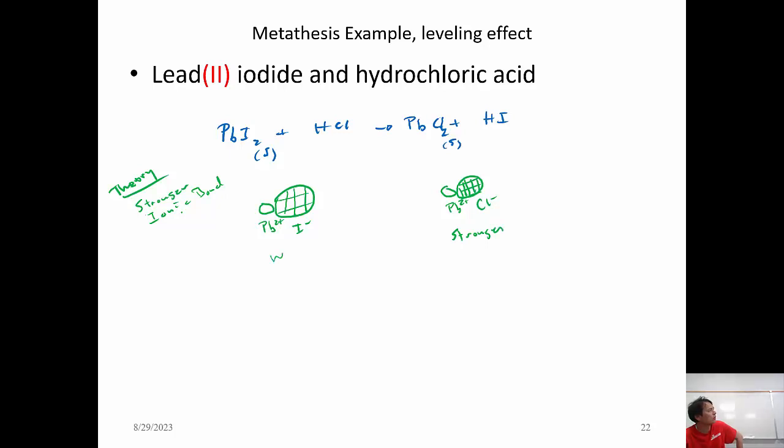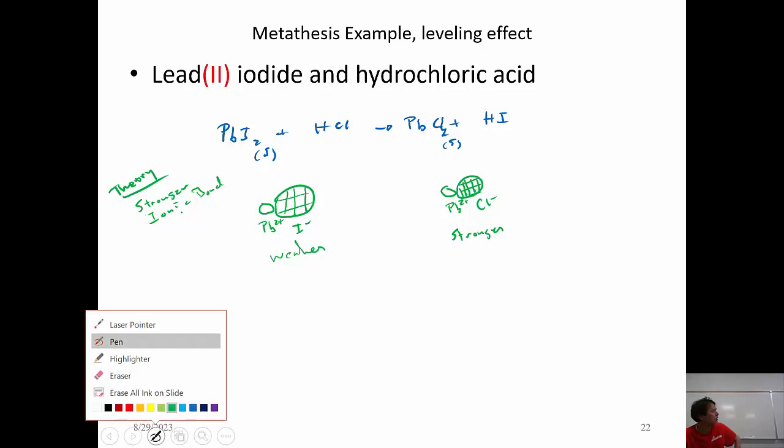This should be weaker. And this is an electrical attraction here. So if you have a concentrated charge versus a more dilute charge, then the concentrated charge will have the greater interaction here.